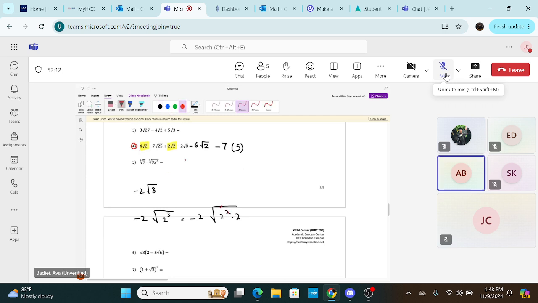This one and this one cancel, so I'm going to have a negative 2 from before. I already had that. You're going to bring out this 2. And then this one just stays inside your radical. So negative 2 square root of 8 is also equal to negative 4 square root of 2.